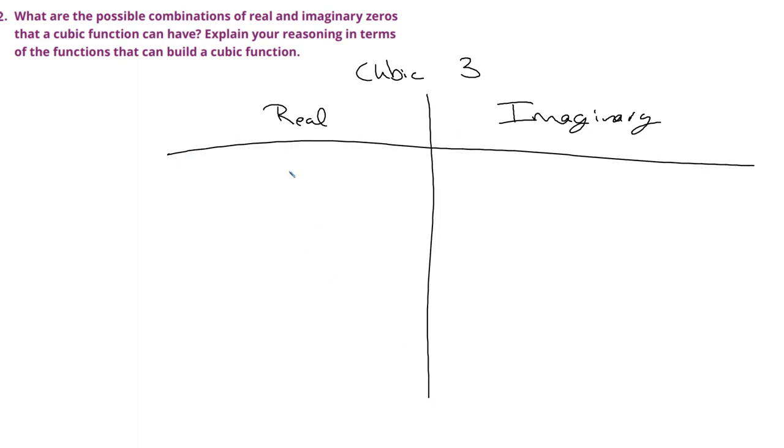So you could have 3 real and 0 imaginary. Or 2 real and 1 imaginary. Or 1 real and 2 imaginary.